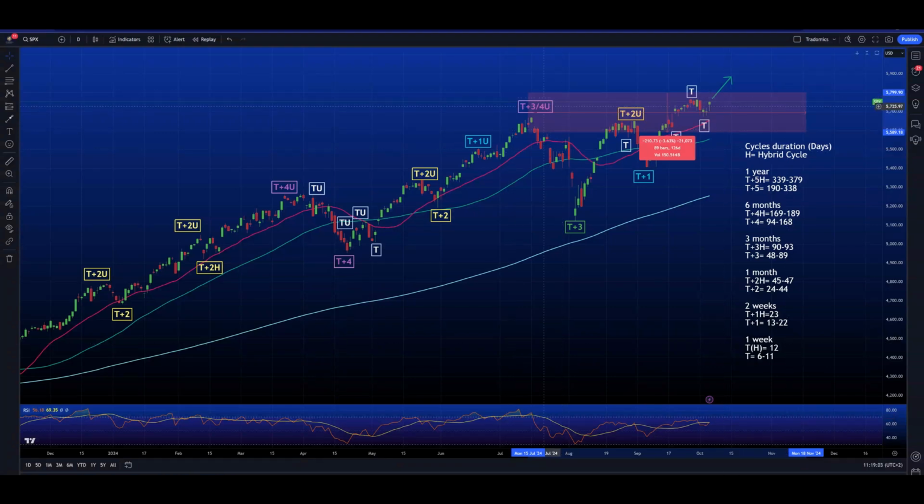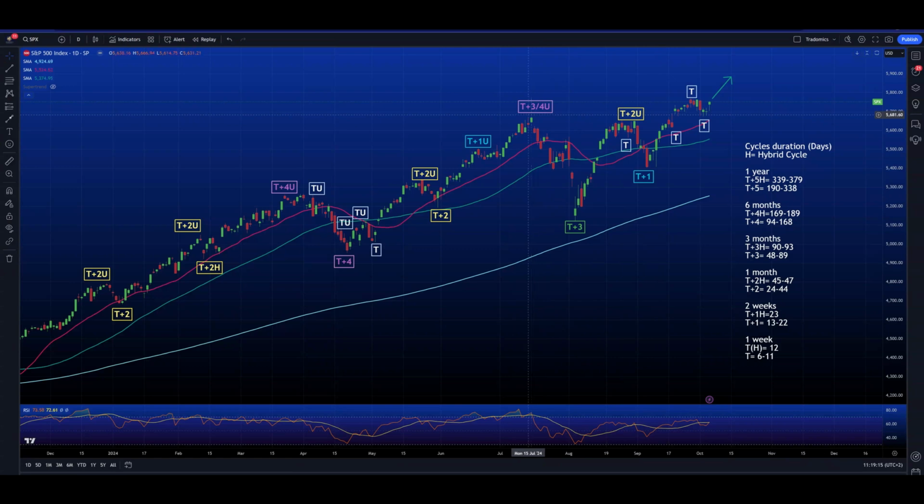Considering that this is also a T plus 4, the rally can definitely be extended beyond 2024 and into 2025. But conservatively speaking, we have to start being aware that after next week, where we have a high likelihood to return to the absolute tops, we will have enough time to start a retracement for a T plus 3, 3-month cycle, or at least a T plus 2.